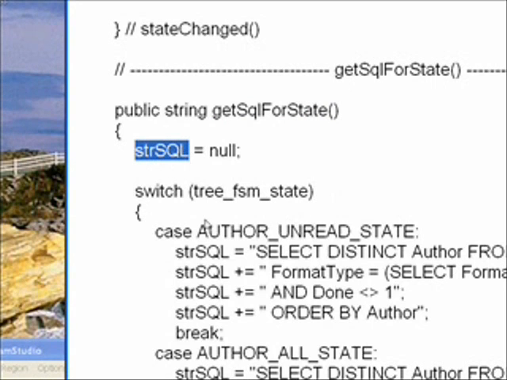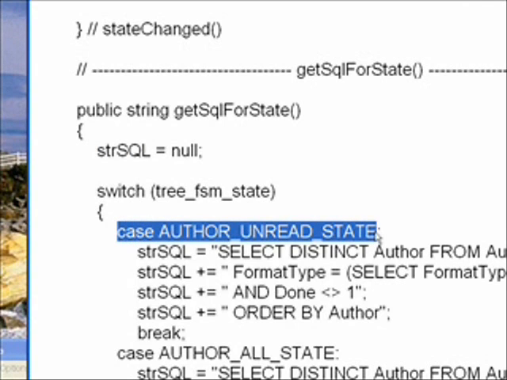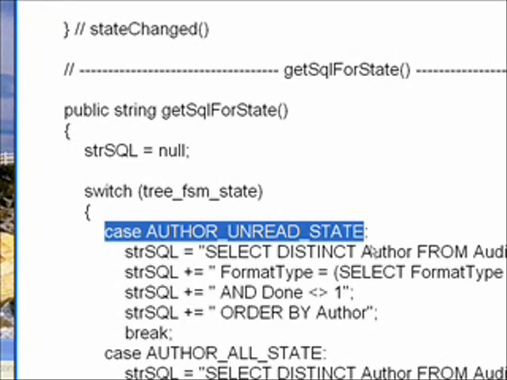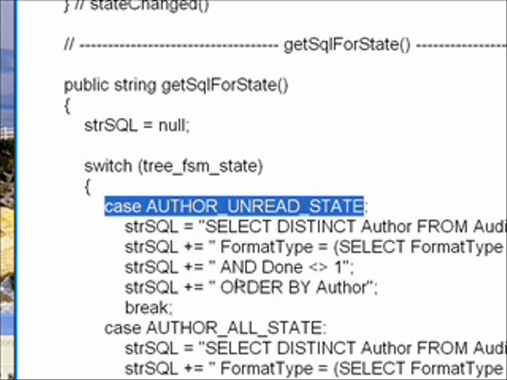You have to call one before you call the other. So based on each of these 4 active states, we set str_sql to the different SQL statements we just looked at. And the states once again are author unread state, author all state, type unread state, and type all state.